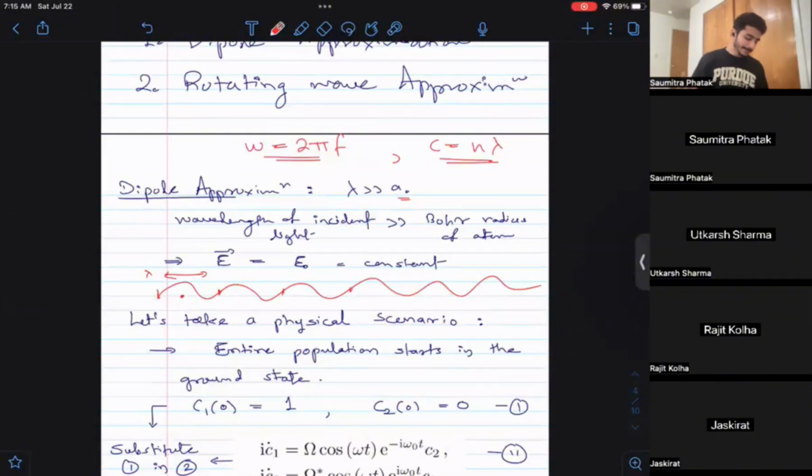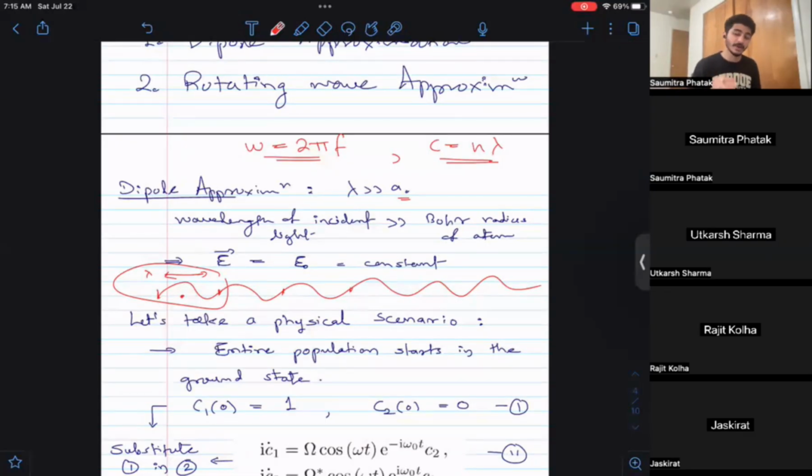If you consider that, then what you can approximate is that the electric field is going to stay the same throughout the atom's spatial extent. The atom is not going to see any variation in the amplitude of the electric field. If you consider this picture, the atom sees only a small part of one wavelength, and that will not change the amplitude.